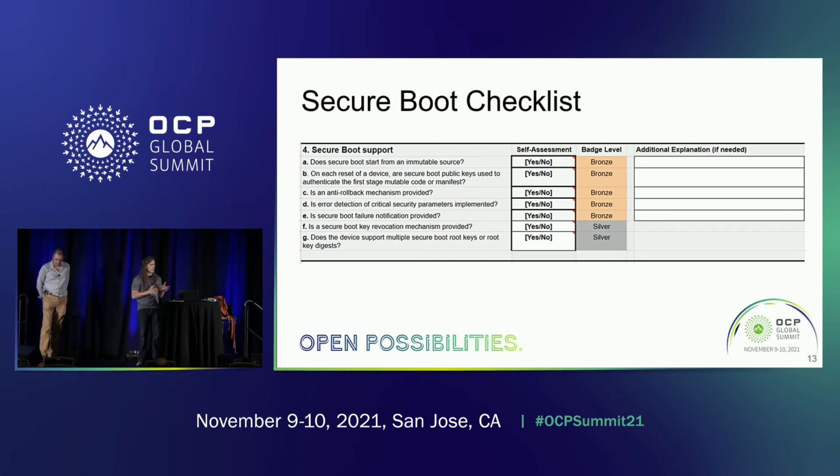Those are the bronze attributes. As we get into the silver attributes, there's some more advanced features that you can add on top of those, such as are there revocation mechanisms for the secure boot keys themselves? If that key gets compromised over time, the private key for the public key, or you need to just change it for good security hygiene so that you're not reusing the same key, then that's considered a slightly more advanced feature.